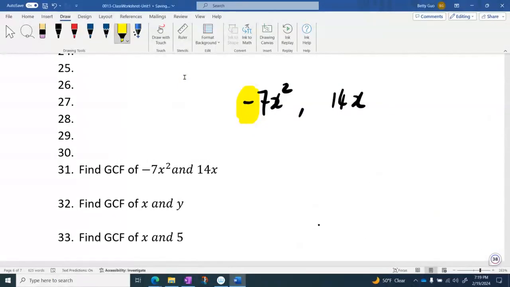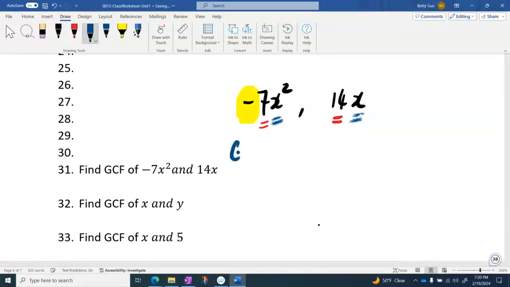To find the GCF of the two terms is actually more convenient than you might think. The first term, coefficient is 7. Second term, coefficient is 14. The first term, variable part is x squared. Second term, variable part is x. So we are going to go by parts.